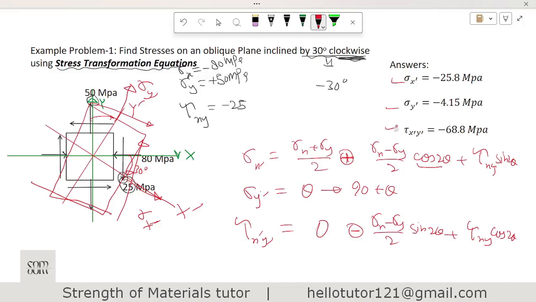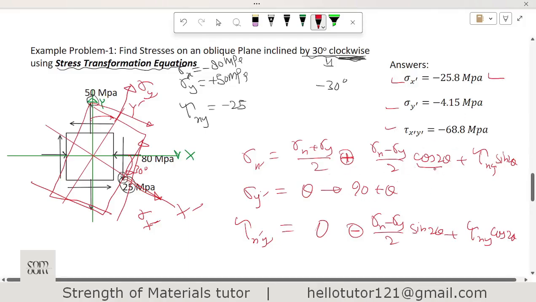Okay, so we got minus 25.85, so our answer is correct.